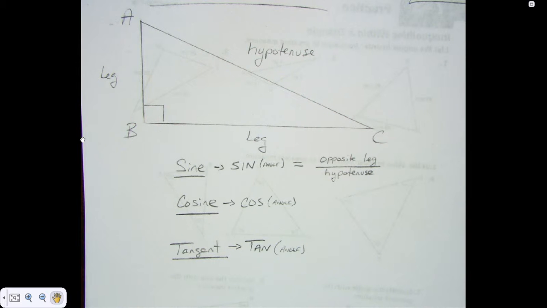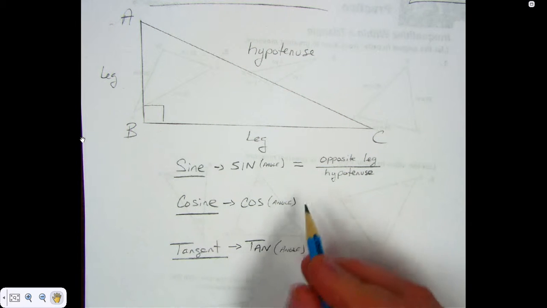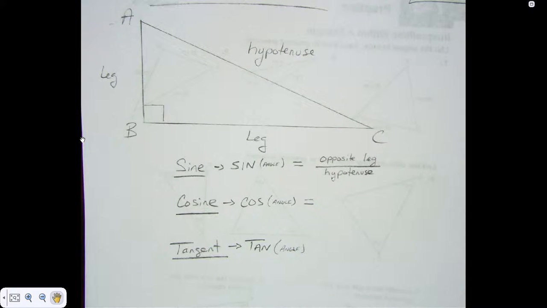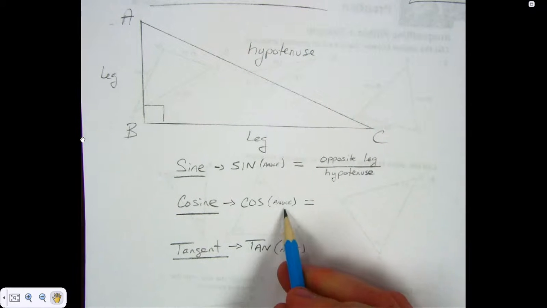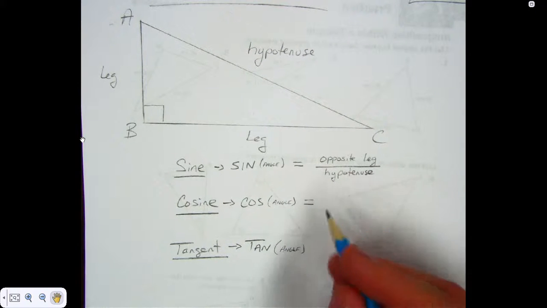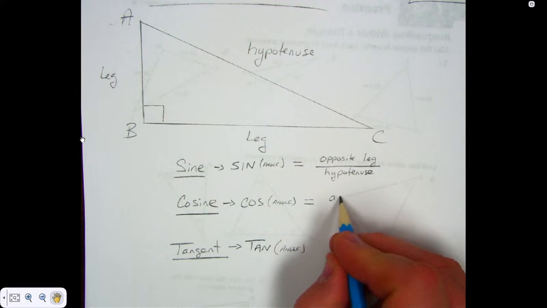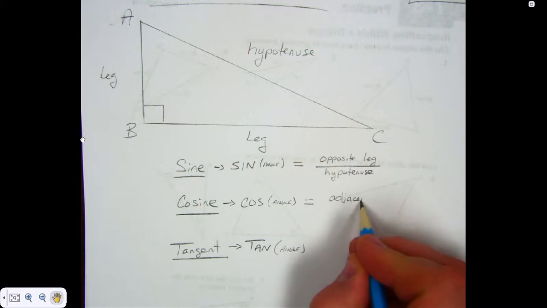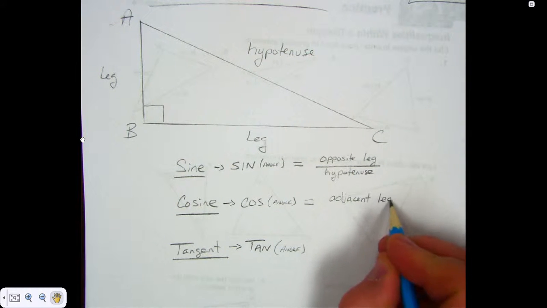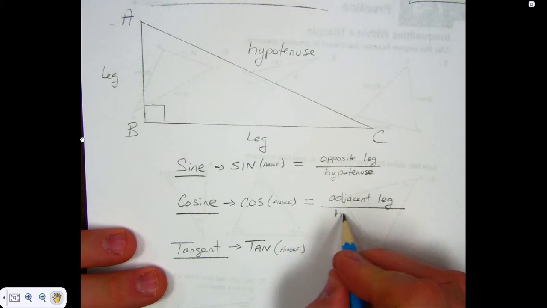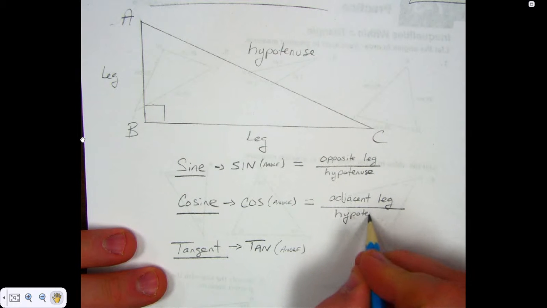And when I say that, I mean the length of that side. Okay? And we'll explain more about that before we get this down. The cosine of an angle is always equal to what is called the adjacent leg over the hypotenuse.